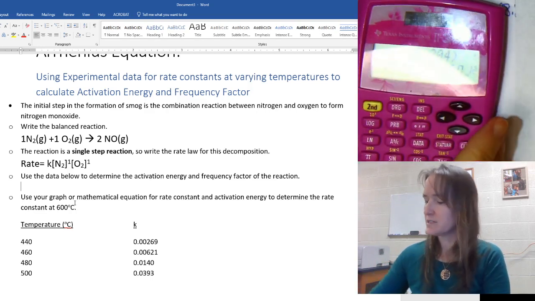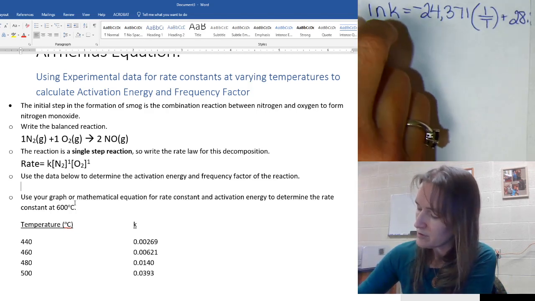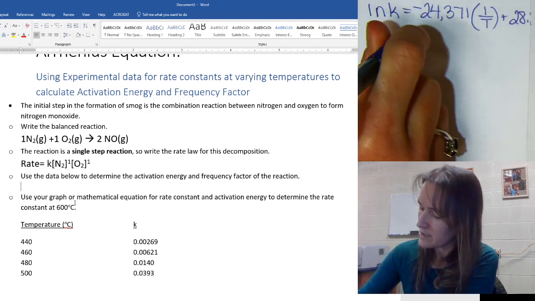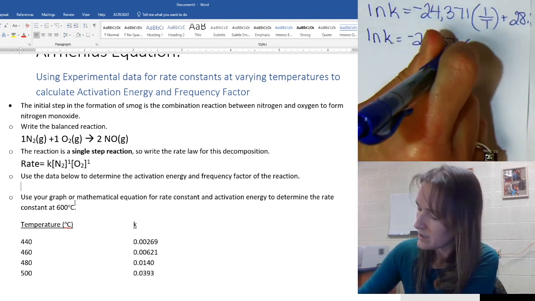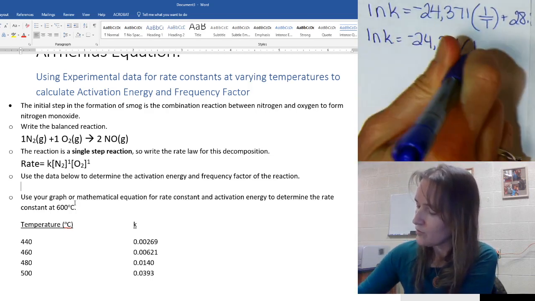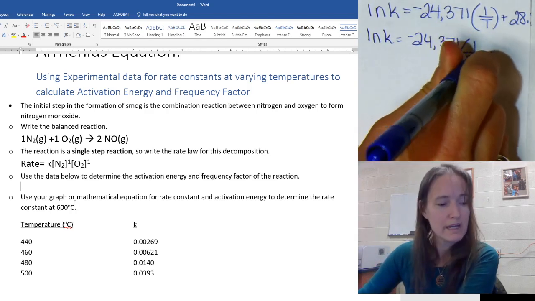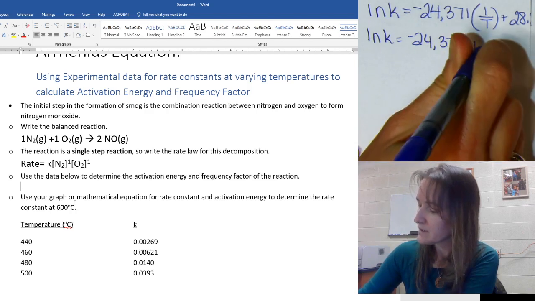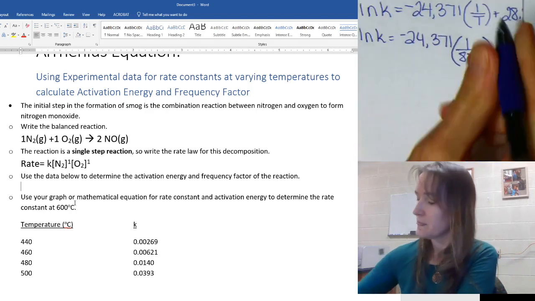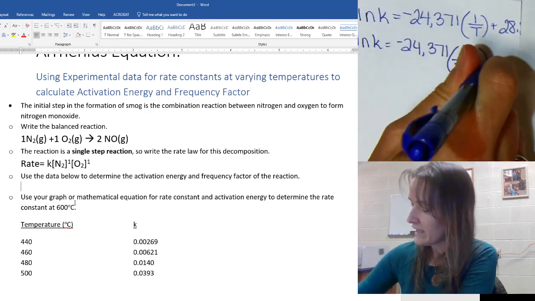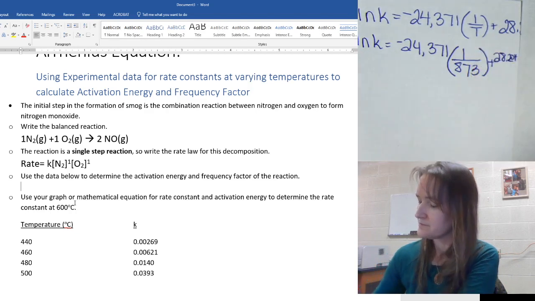So we need to put that in Kelvin. So natural log of the rate constant is negative 24,371 over 873, because that is 600 degrees Celsius in Kelvin. And then we're going to add the 28.204.